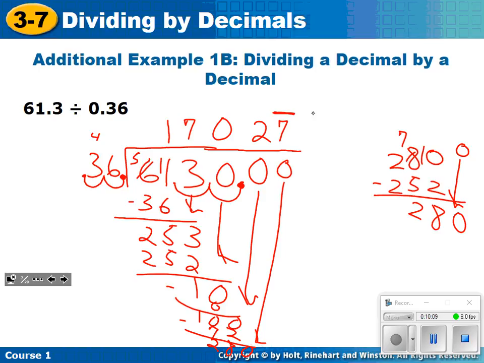Now, one last step. Don't forget about your decimal. That's why I wrote, don't forget about the decimal. All right? Now, I will tell you on your homework assignment, if you're getting into like beyond the thousands place, you're adding zeros and you're beyond adding 3 zeros, chances are you made a mistake.